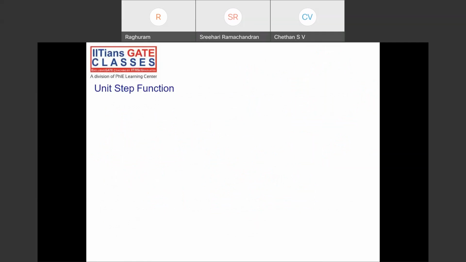Unit step function is something like this, represented by u of t. What is u of t? u of t is defined as 1 for t greater than 0, right?